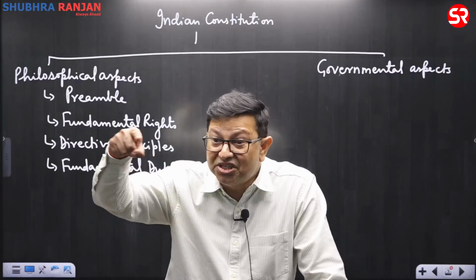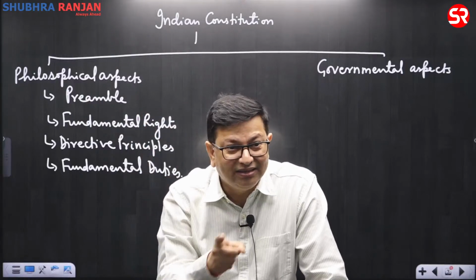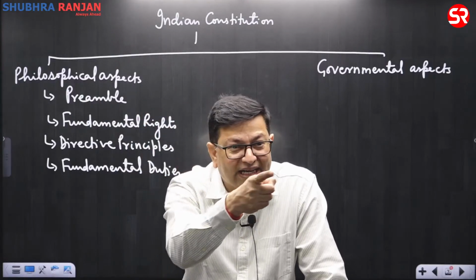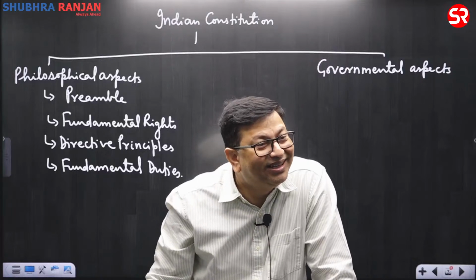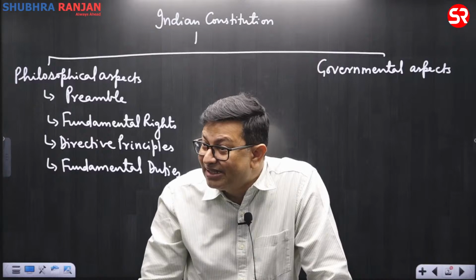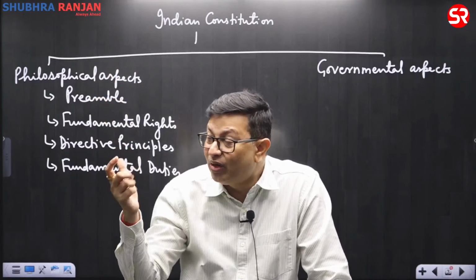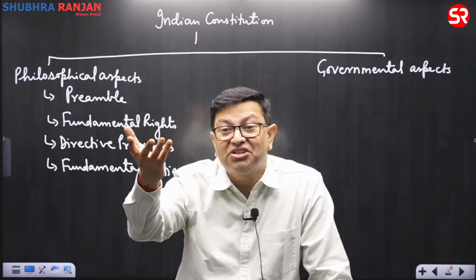So, what the state shall strive? If the state will do these things, then the ideal of welfare state can be achieved. Equal pay for equal work. So, basically the state shall strive to secure. So, what will happen? Welfare state.